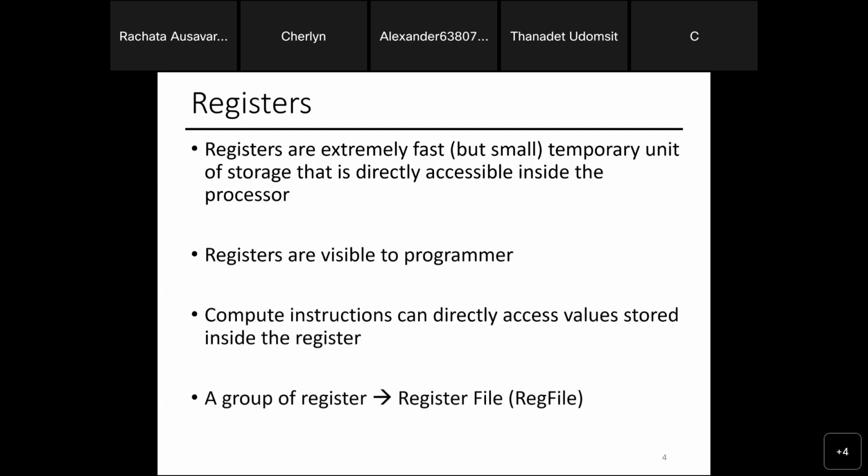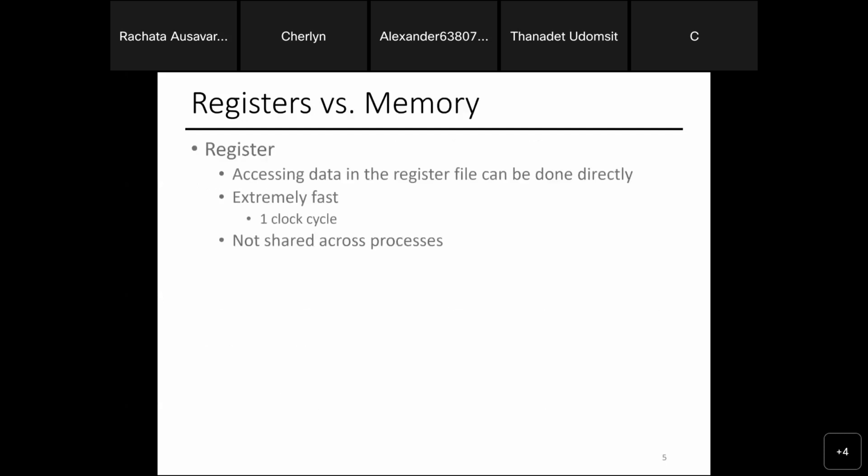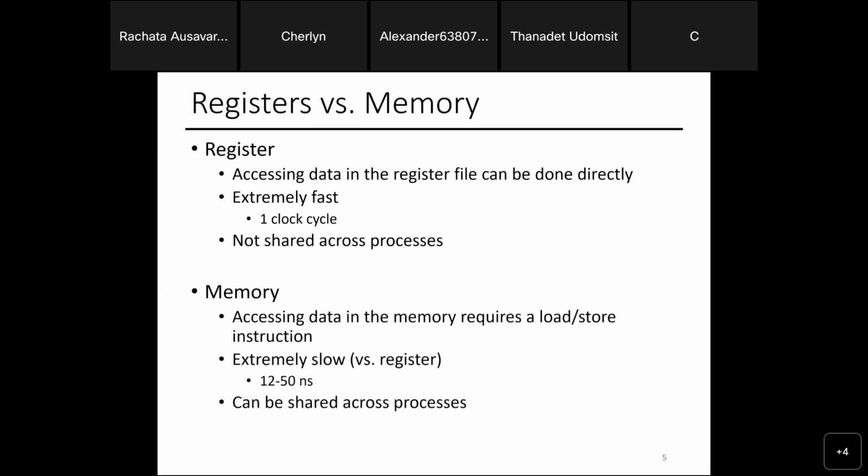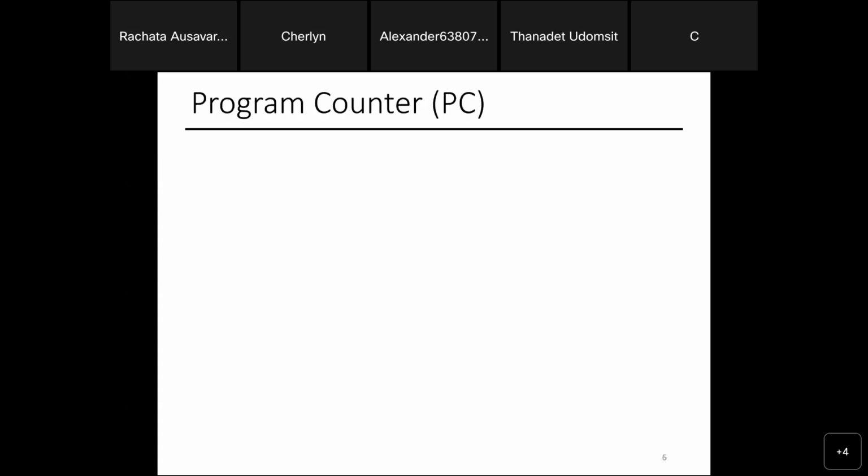A group of registers is called a register file. It's just the name. When I say register file, I refer to the registers that you can use and program. Typically, registers are really fast compared to memory, which is a lot slower. When you want to access a piece of data in memory, you are going to have to spend roughly 50 cycles or more.